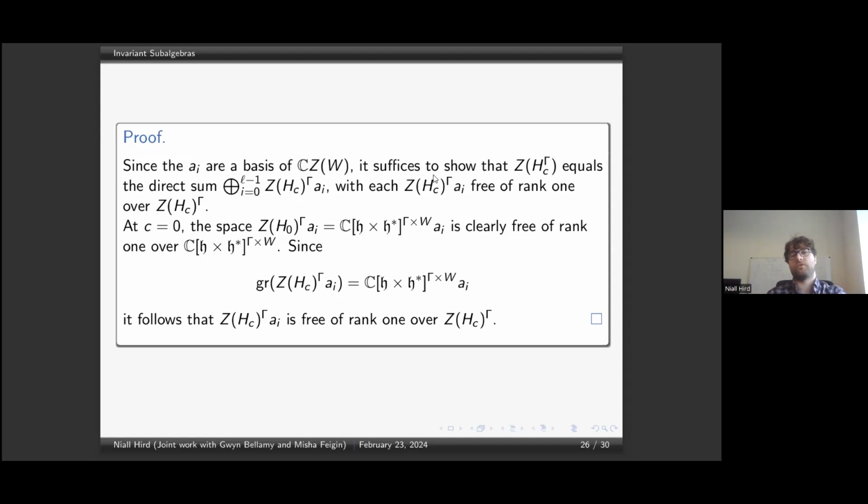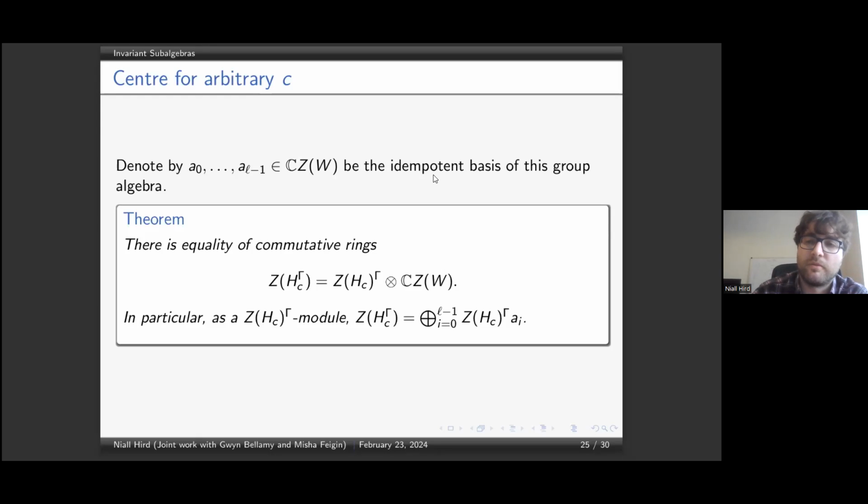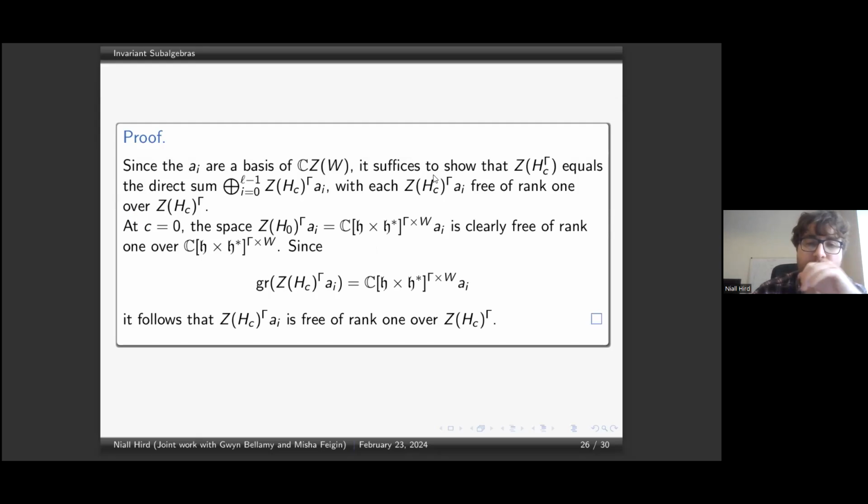Okay, so the first part of this proof is just justifying that if we can prove this second line here, that we've got this direct sum, that'll imply the first line, which is clear enough. So you have to justify that each one is free of rank 1. When you take C equals 0, our space z of h gamma, we know what z of h naught is.